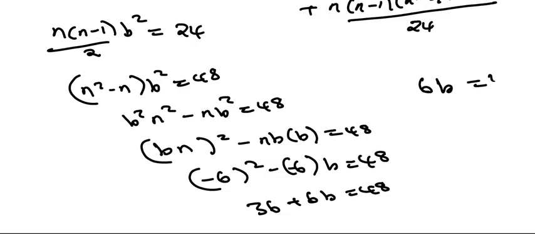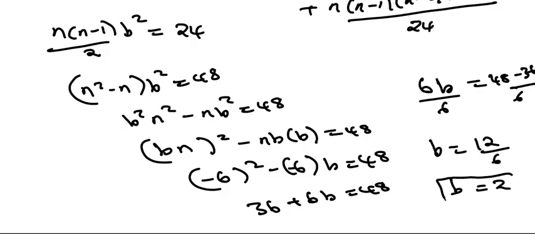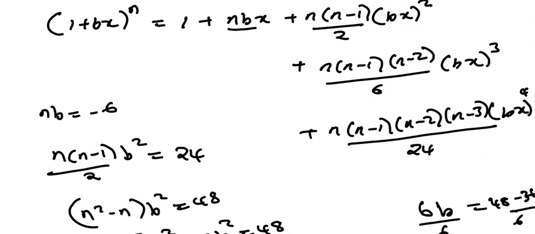B is 48 minus 36 over 6, meaning b is equal to 12 over 6, meaning b is 2. So if b is 2, we replace it back in nb is equal to negative 6. Put b there, so we're going to say 2n is equal to negative 6. N is equal to negative 3.